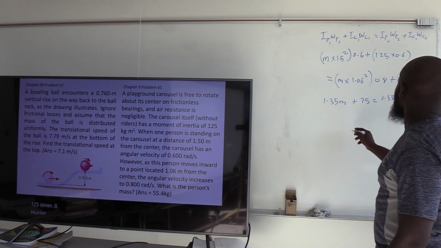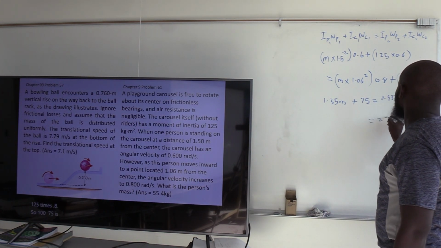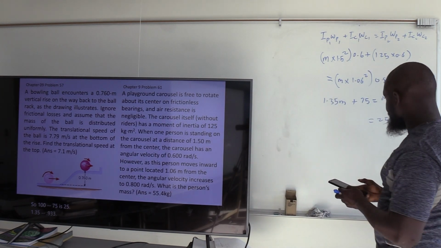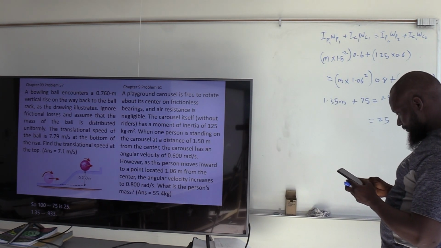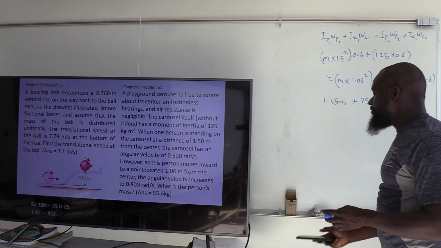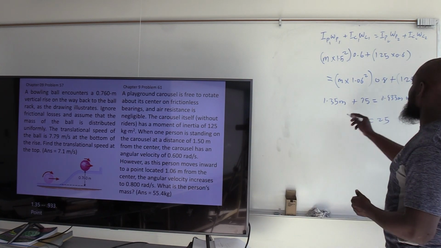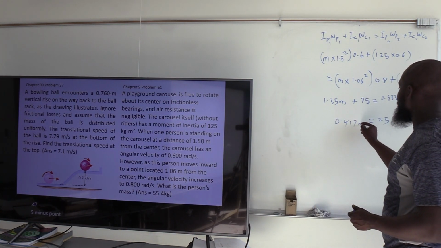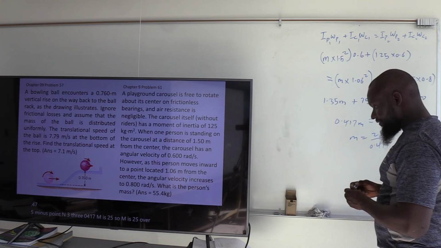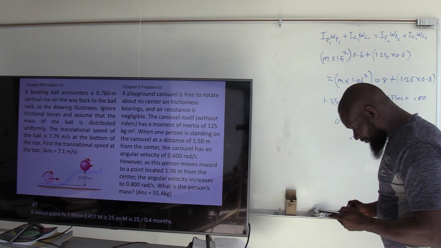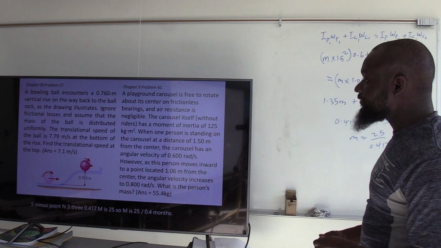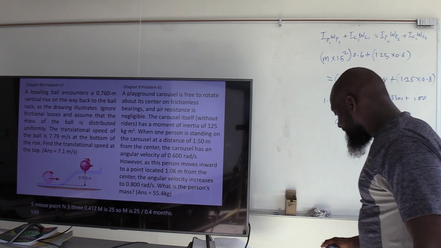So 100 minus 75 is 25, and 1.35 minus 0.933 is 0.417. So 0.417 m is 25, so m is 25 over 0.417, which is 59.95. Okay, they have 55.